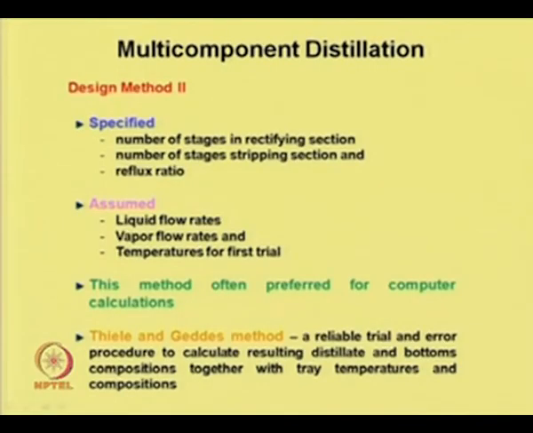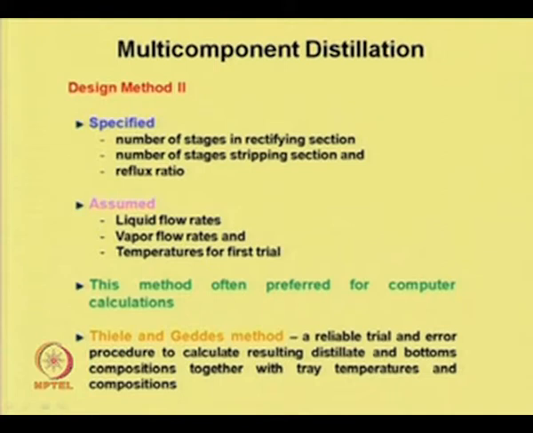So, design method 2: what are the things specified? The number of stages in the rectifying section, the number of stages in the stripping section, and the reflux ratio. These are specified, and the liquid flow rate, vapor flow rate and temperature are assumed for the first trial.